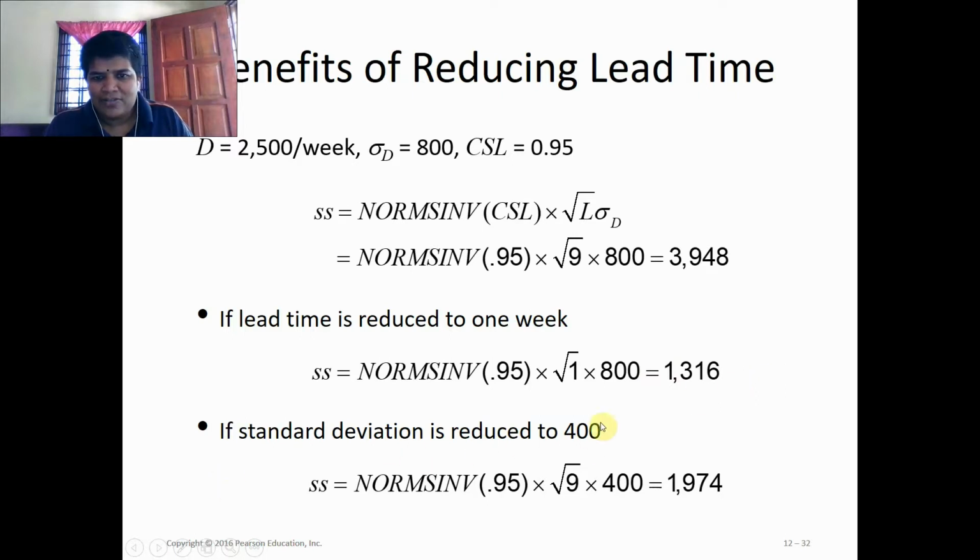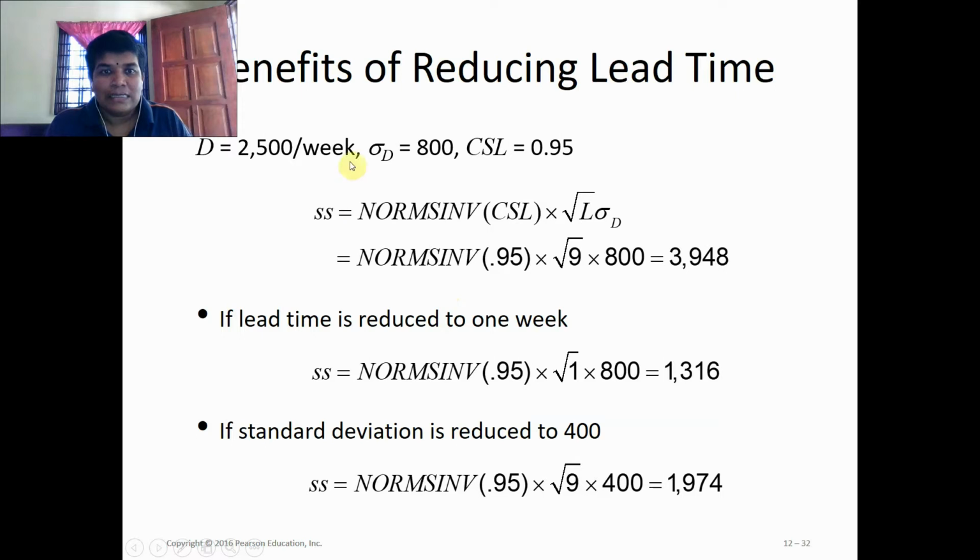If the standard deviation is reduced to 400, then you can see the safety inventory is 1974.